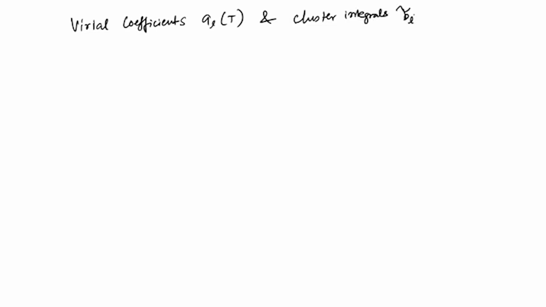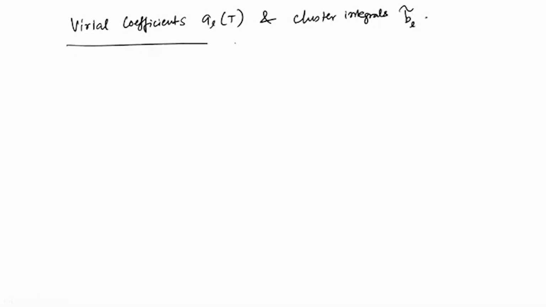So, we need a relationship between virial coefficients which are A_l(T) and the cluster integrals which are b_l, and we can simply write them as b_l tilde because now we have taken this dilute limit.